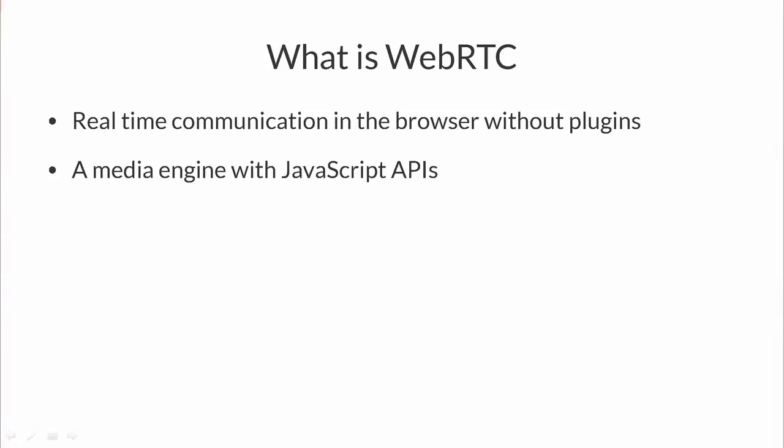We use WebRTC. So you guys probably know what WebRTC is, but a little bit of background. It's two main pieces. One, it's peer-to-peer data and video in the browser with no plugins. And two, it's a media engine with JavaScript APIs. It's incredibly powerful for creating live data and video transfer by bypassing the server.